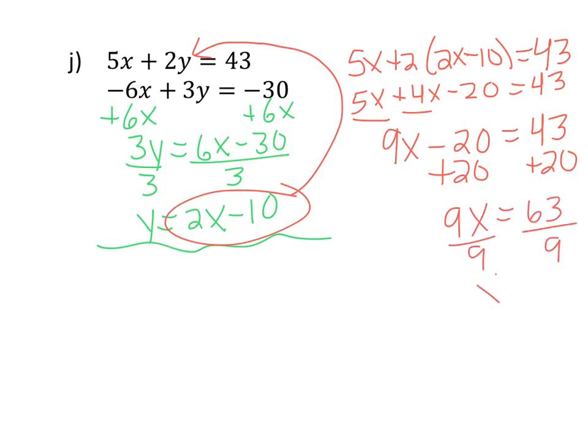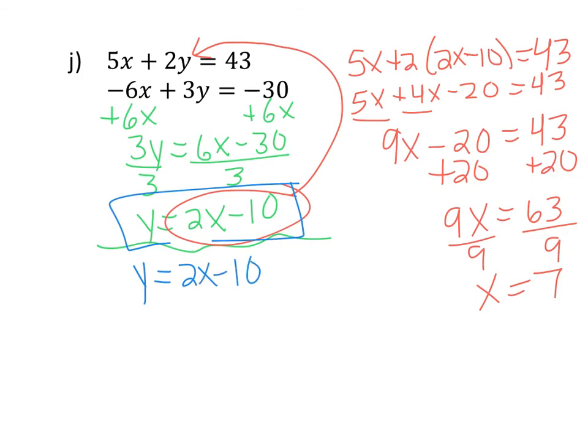Divide by 9. X equals 7. Now that I have x, plug it into one of your equations. Again, I'm going to choose the one I already solved for. Y equals 2x minus 10. You could plug it into any equation. You should get the same answer so long as you've done your math correctly.